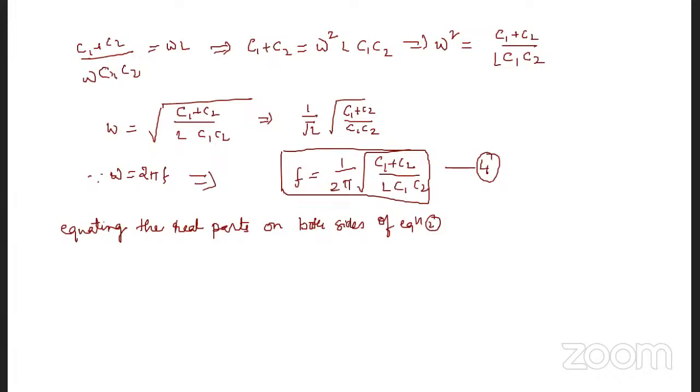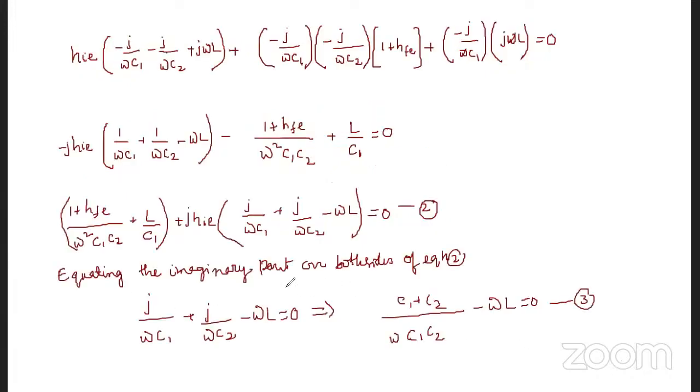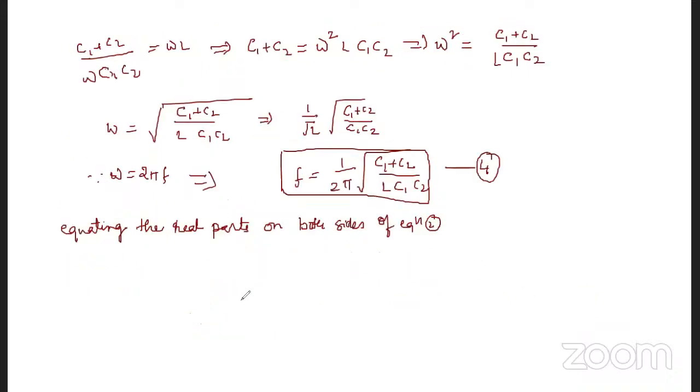So if we equate, what we have here is 1 plus HFE by omega square C1 C2, and this is L minus L by C1 we are going to get here. So that is 1 plus HFE by omega square C1 C2 minus L by C1, which will be equal to 0.